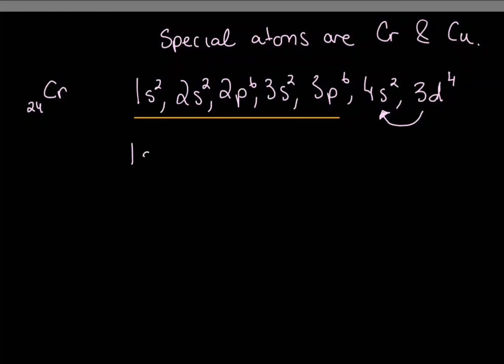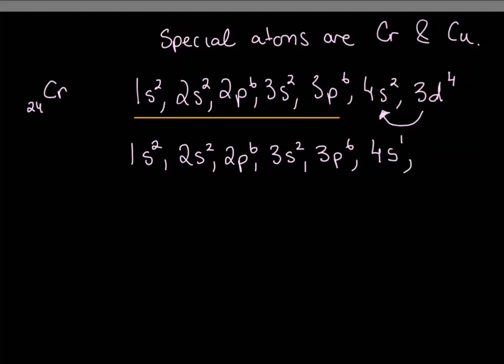So the actual electron configuration looks like this. Everything else stays normal, but it's taken one of the electrons in the s sublevel, so that becomes 4s1 because an electron is gone, and this becomes 3d5.